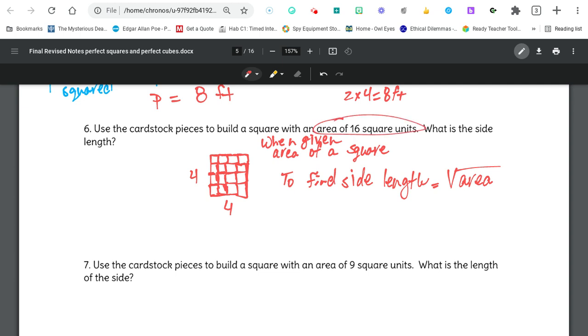So if I know the area is 16, it says what is the side length? So you're going to look for the square root of 16. The side length has to be 4 units.